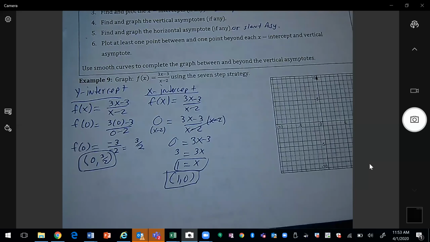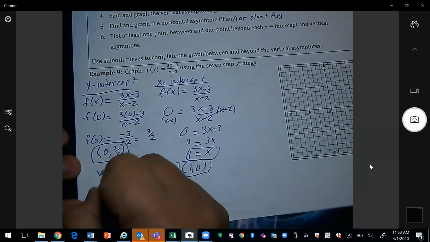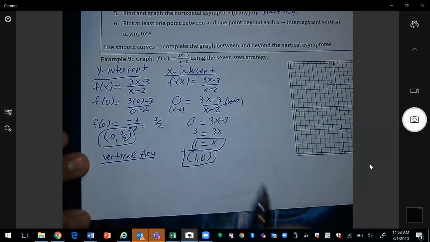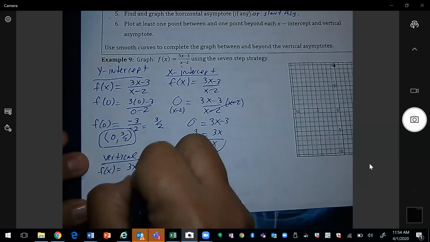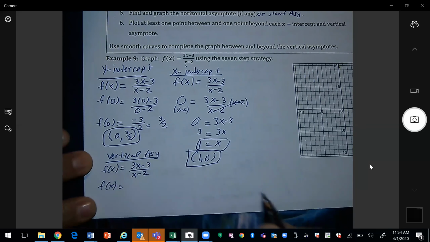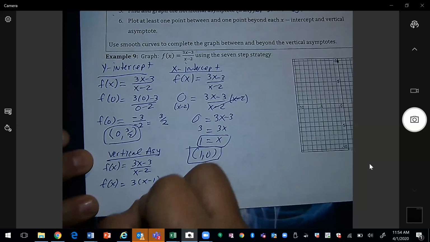Then we need to find the asymptotes. So let me check for the vertical asymptotes. So here the function is, okay, so remember to find the vertical asymptotes, it's important that you factor if you're able to.